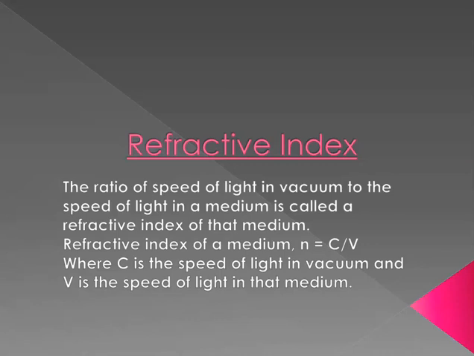So n is equal to c by v, where c stands for speed of light in vacuum or free space, that is 3 into 10 to the power 8 meter per second, and v stands for speed of light in other medium, as for example glass, water, turpentine, alcohol, etc.